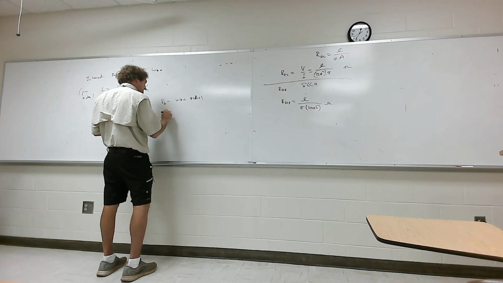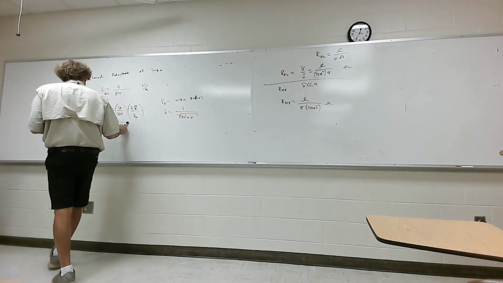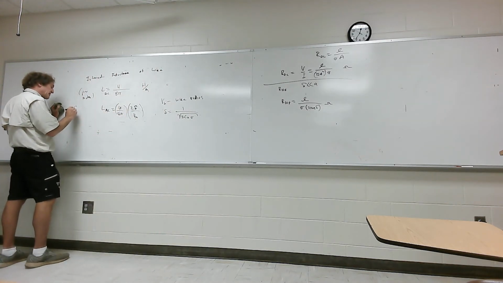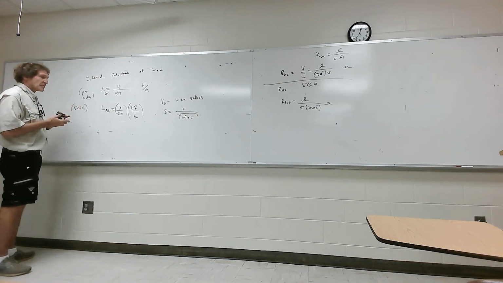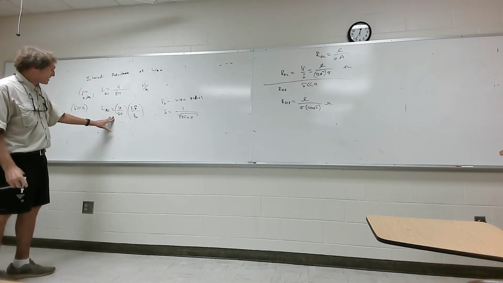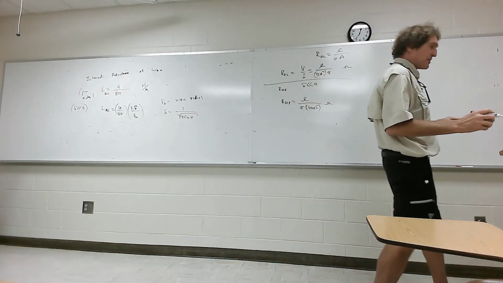And this is skin depth, or 1 over the square root of pi f mu sigma. Now where this calculation becomes of importance is when the skin depth is much less than the radius of the wire. It could be of the order of the radius of the wire, but then this will be the actual internal inductance.